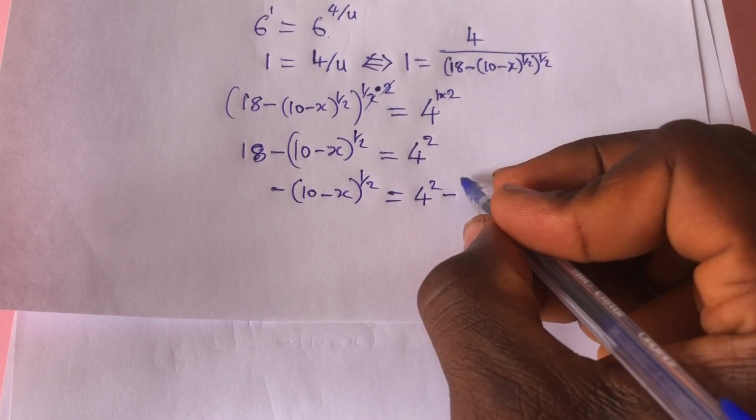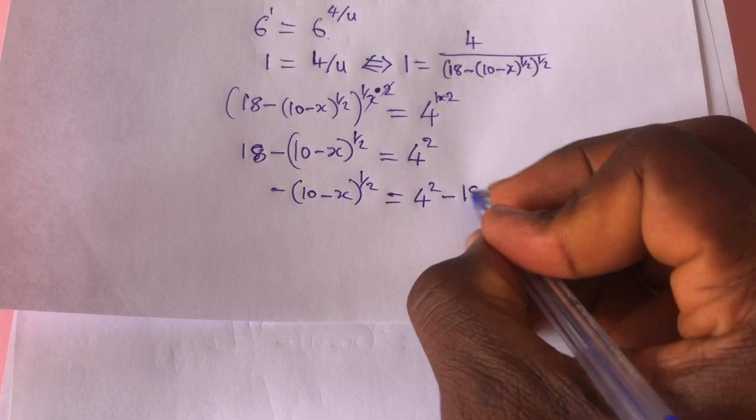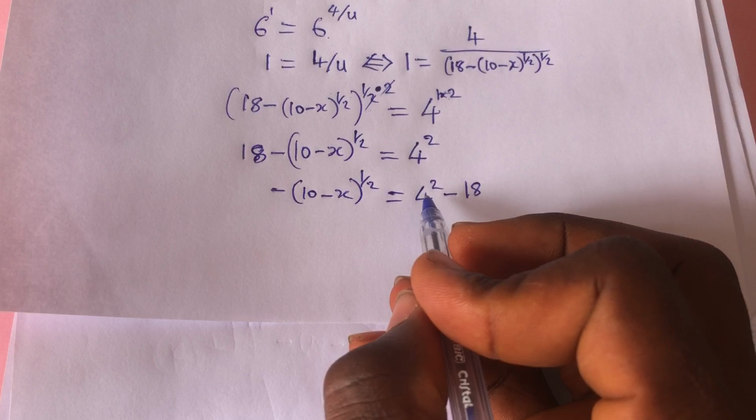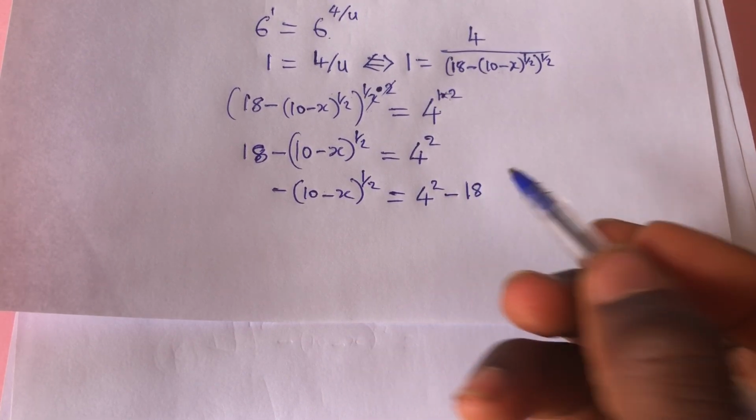minus 18. So because of this negative sign, we multiply through by minus 1.